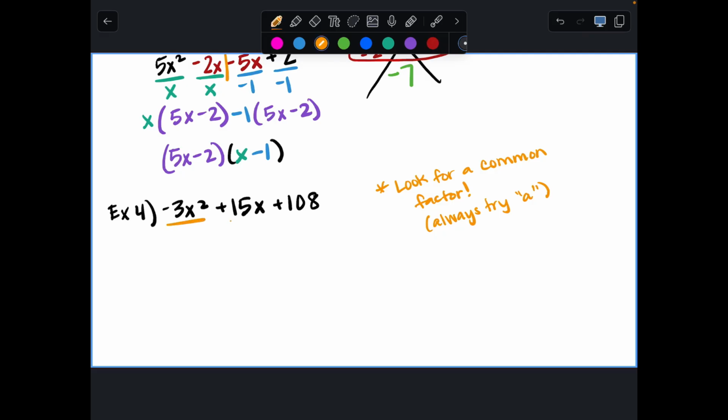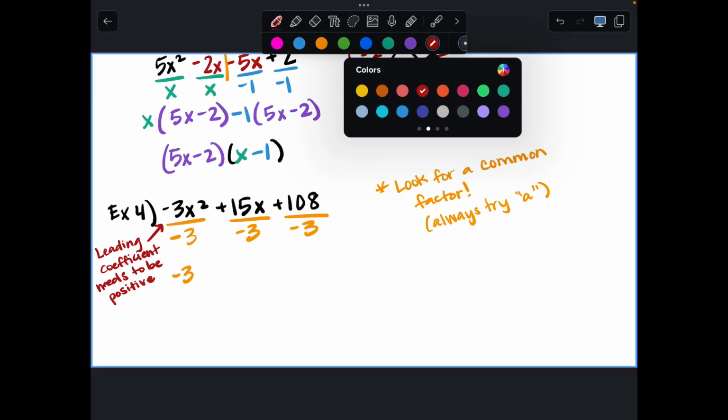So if 3 is a common factor for 3, 15, and 108, I'm going to actually factor out negative 3 to make my first term positive. So I move this to the outside and then divide.